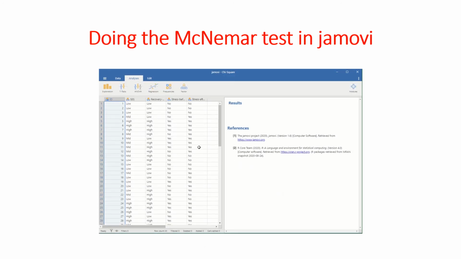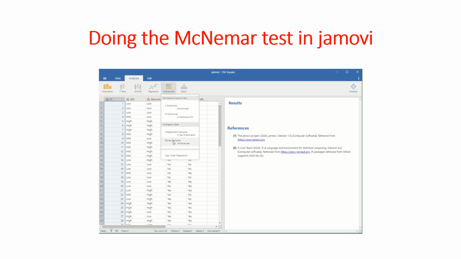So now let's see how we could do the McNemar's test in jamovi. We go to frequencies, and our design was a within subjects design, so the samples were paired. We measured the stress before treatment, and then we had treatment, and then we measured the participants' stress after the treatment.